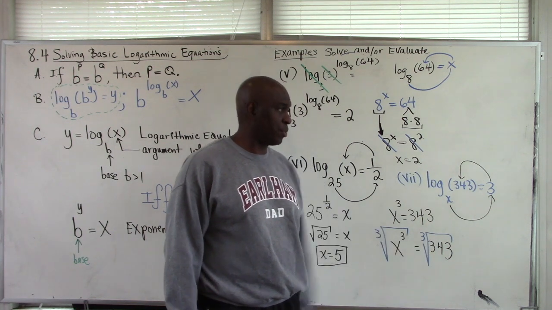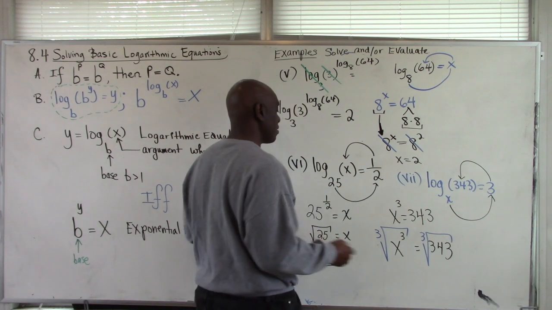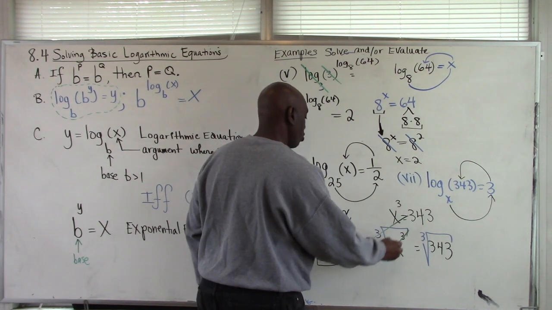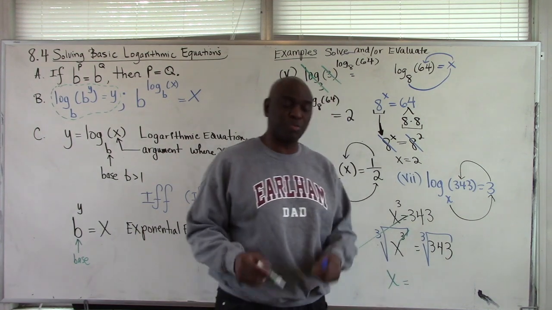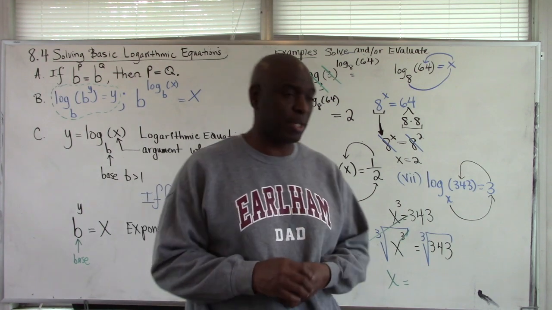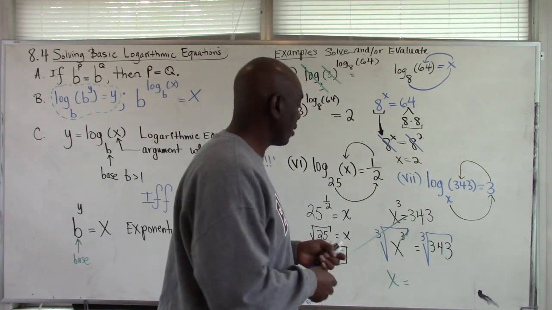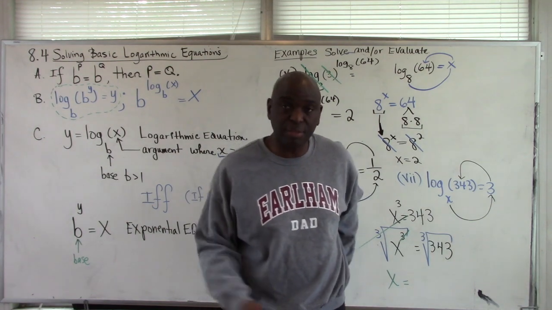It's just whatever the root is, not a positive and a negative. In this case, the cube root and the cube cancel out, so x equals, well, what is the cube root of 343? You have a calculator? Go ahead and use it. I mean, we know what the answer is. We know it's going to be 7, right?